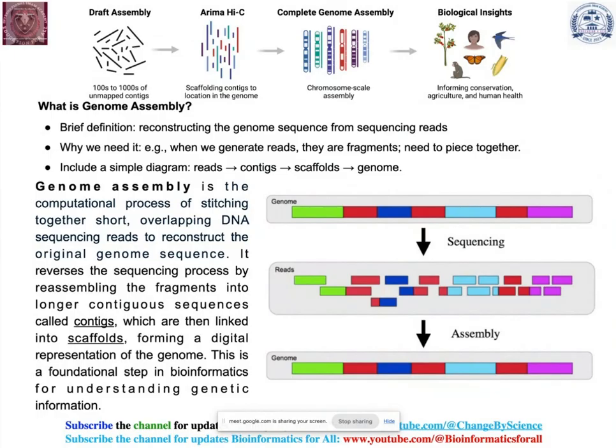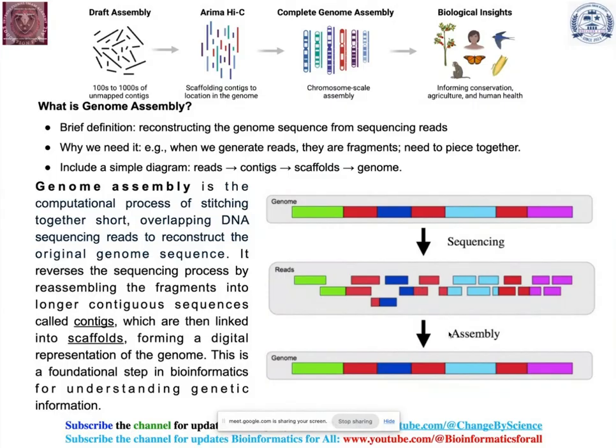It reverses the sequencing process by reassembling the fragments into longer contiguous sequences called contigs, which are then linked into scaffolds, forming a digital representation of the whole genome. This is a foundational step in bioinformatics for understanding genetic information. So here this is the genome and then these are the reads.